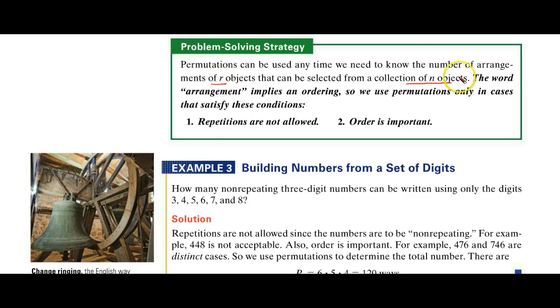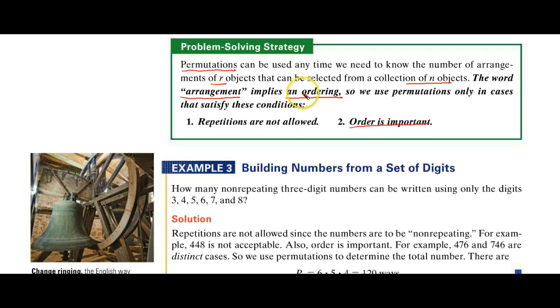Now here a keyword also is arrangement. An arrangement implies that you are ordering. That order is important. So where we had suggested this earlier as a good term to associate with permutations, order is important.